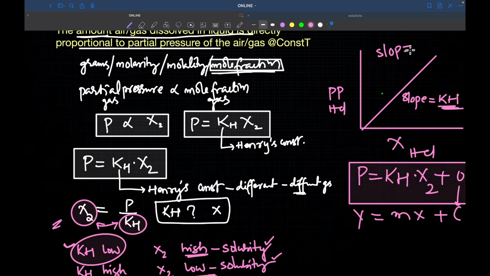Slope value is given like 2 or 3 or something else, and x2 is given like 1, 2 or 0.1, and you are asked to calculate the partial pressure. సో ఇక్కడ స్లోప్ అనేది KH అనే విషయం మీకు గుర్తుండాలి. దెన్ ఓన్లీ యూ విల్ డూ ఇట్. So you will get the straight line with zero intersection.